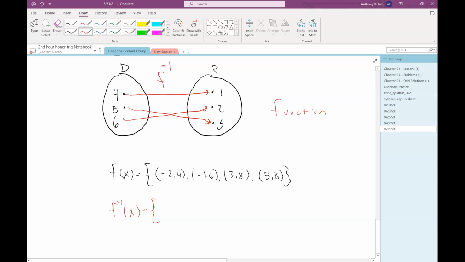So instead of negative 2 going to 4, I need 4 to go back to negative 2. I would need 6 to go to negative 1, 8 to go to 3, and then 8 to go to 5.